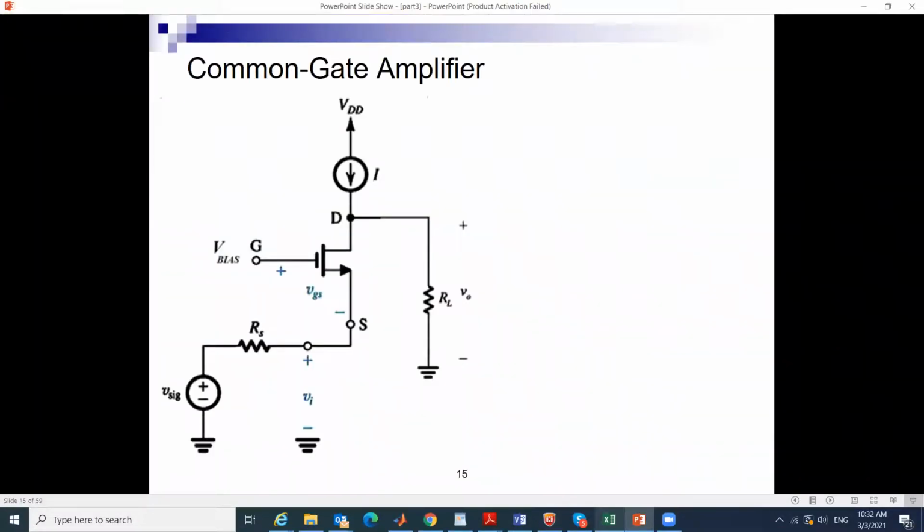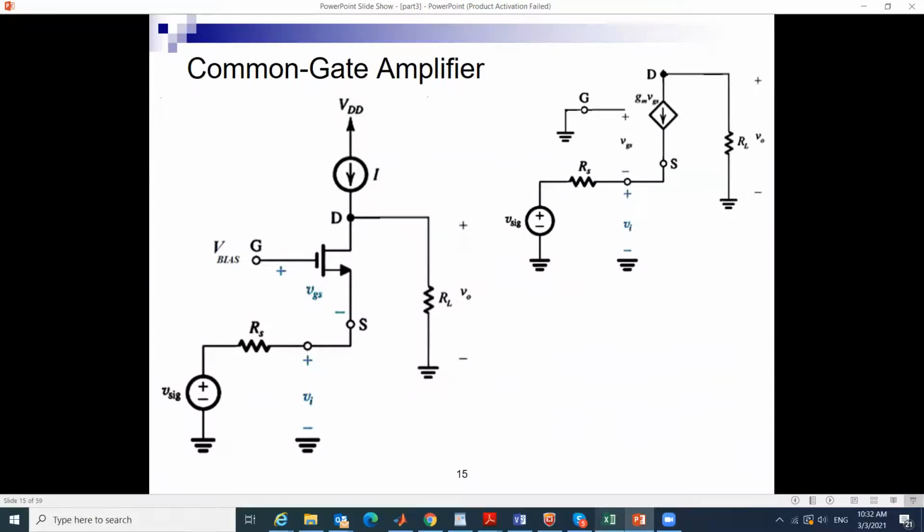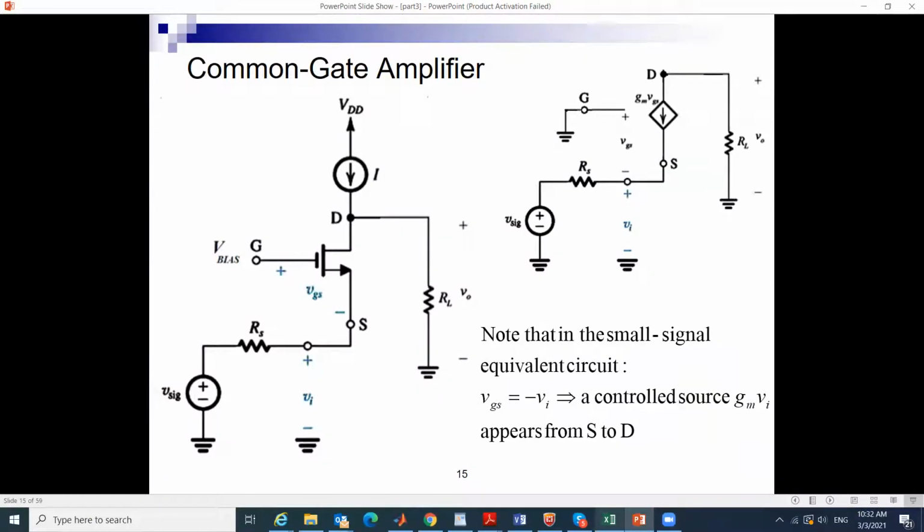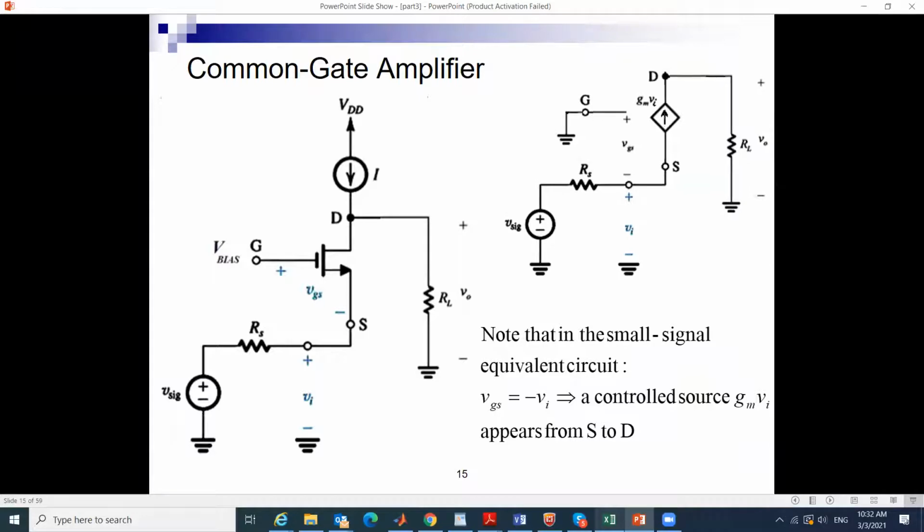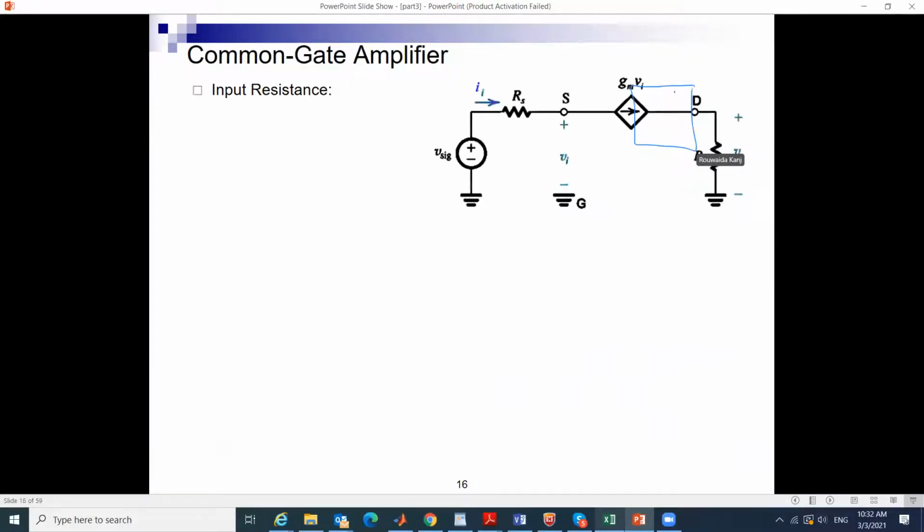Now we said that VGS is equal to minus Vn, and accordingly we said that I can now flip the current source so it goes up and becomes GmVn, and this is the effective model for it.